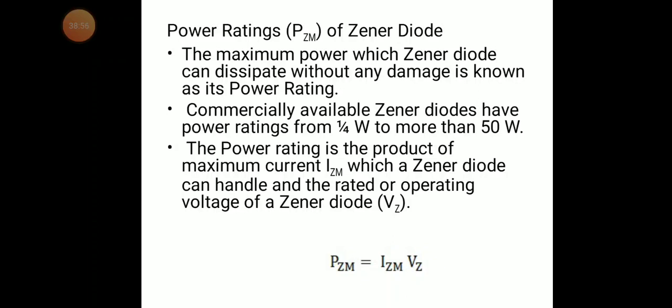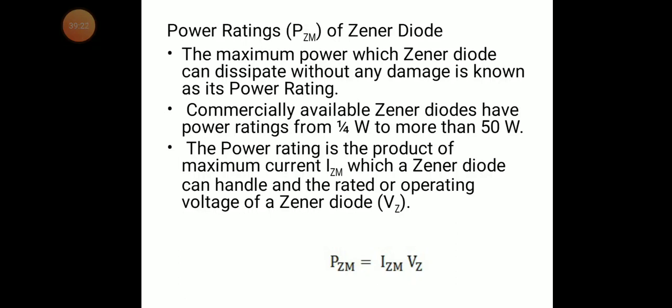That is the importance of the power rating of a Zener diode. It is indicated by PZM, the Zener diode maximum power rating. Theoretically, the maximum power which a Zener diode can dissipate without any damage is known as its power rating.